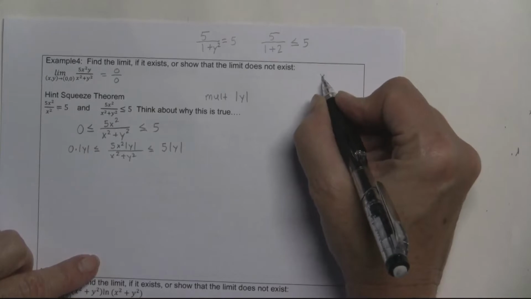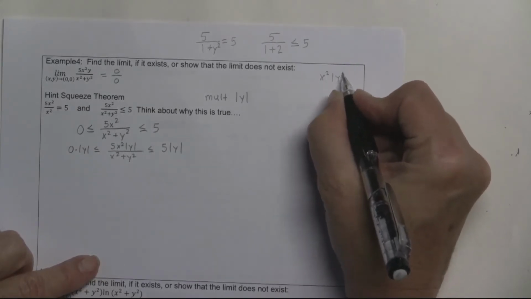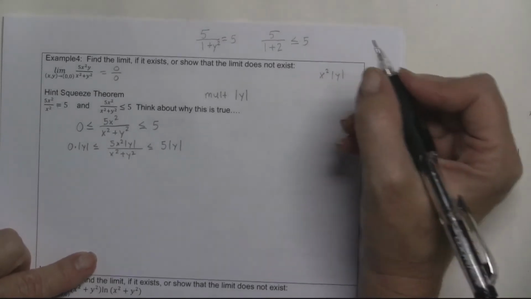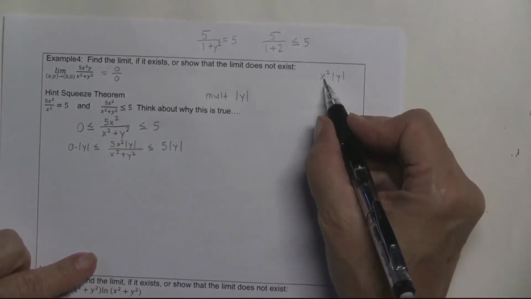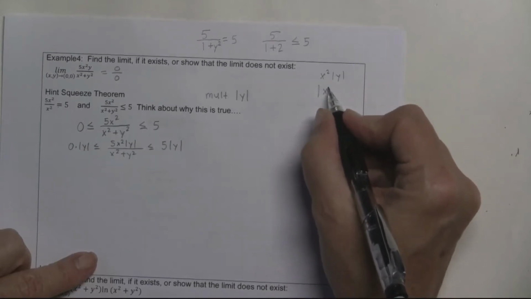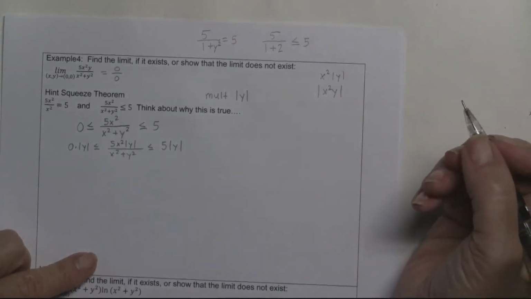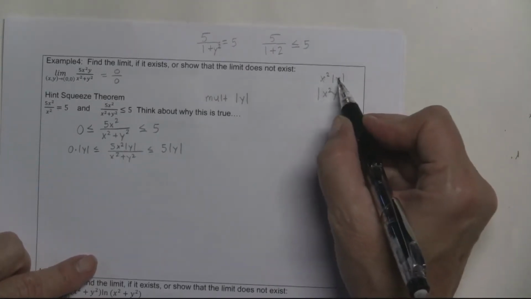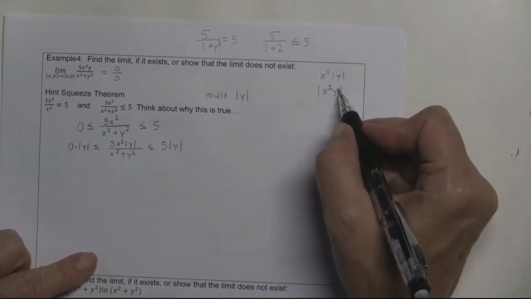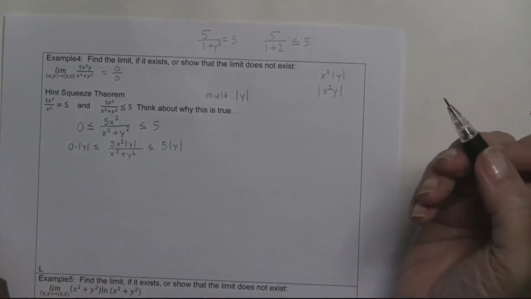I'm going to call it x squared, and I'm multiplying by the absolute value of y, because this is positive. If you wanted to, you could put it inside your absolute value and not change the value, because this is a positive times a positive, right? And now it's still positive. Because it couldn't be negative, it's okay to put it inside the absolute value.